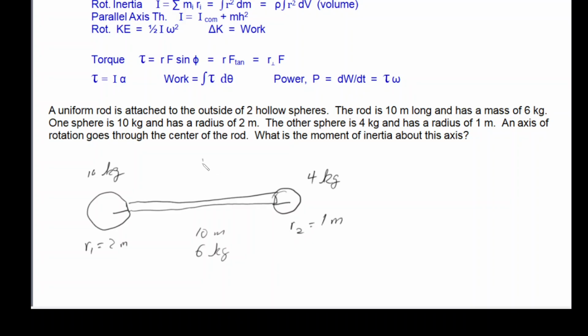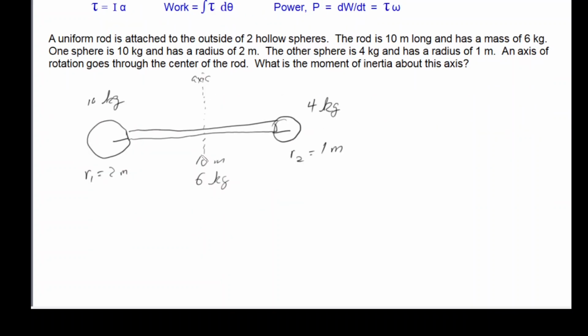There is an axis through the middle of the rod that the system revolves around. And we want to know what the moment of inertia is about this axis of rotation. So what we're going to do is find out what the moment of inertia is for each of the spheres and the rod, then add them together using the parallel axis theorem.